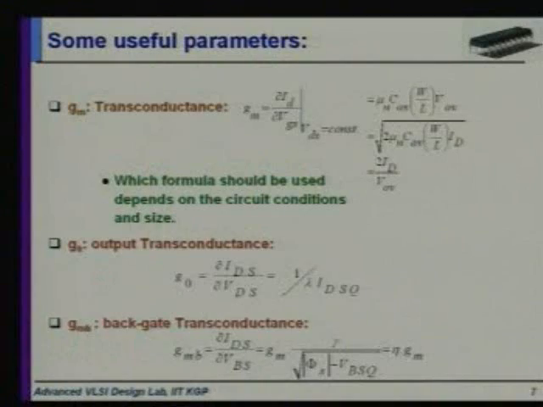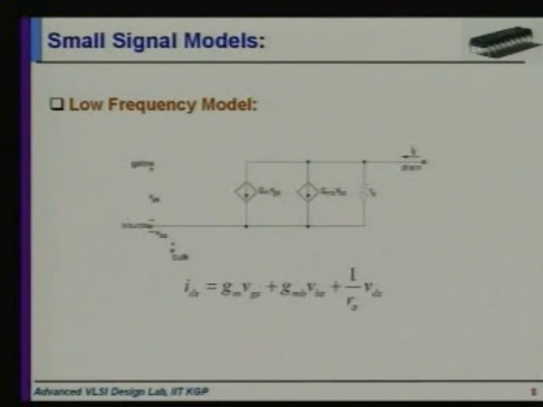Okay, now I am going to the small signal models of the MOS. I think you have already covered the small signal model in your previous class, but still I am giving some overview of this model. Whatever I said, that is GM, GMB and R naught.